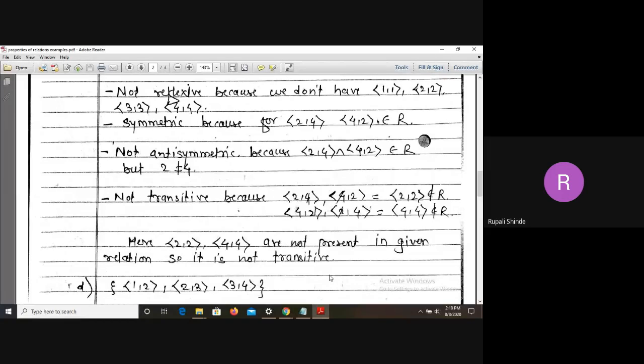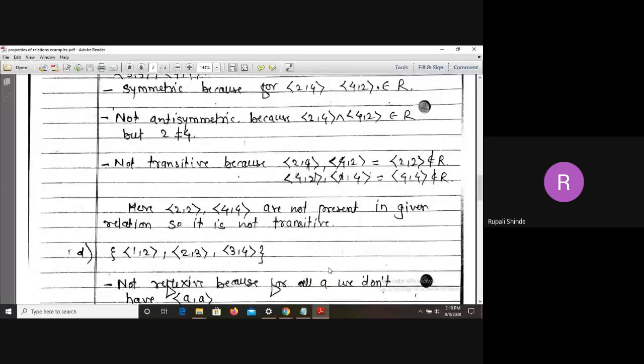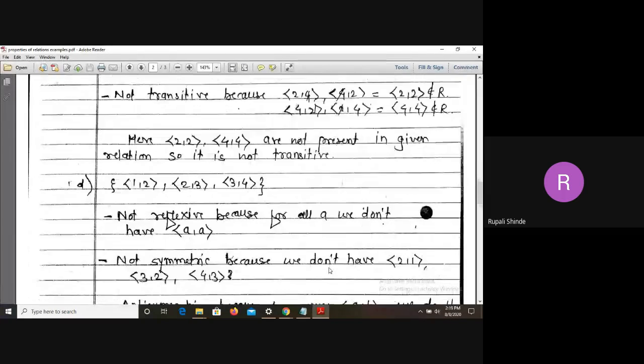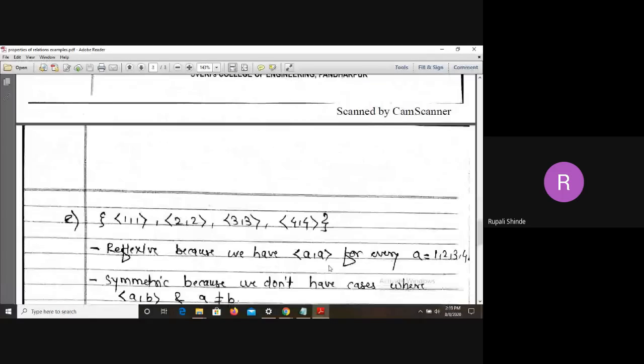Transitive? Not transitive. Irreflexive? Yes, it is irreflexive. Antisymmetric? No, it is not antisymmetric as well. That's why only one property is satisfied and that is irreflexive.